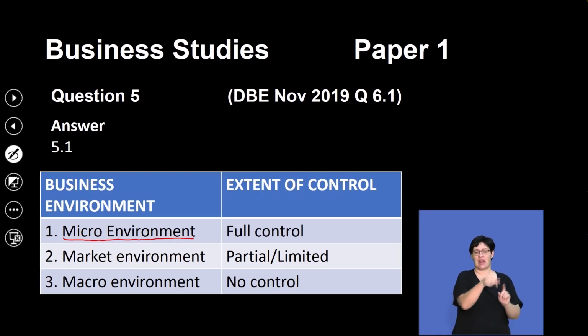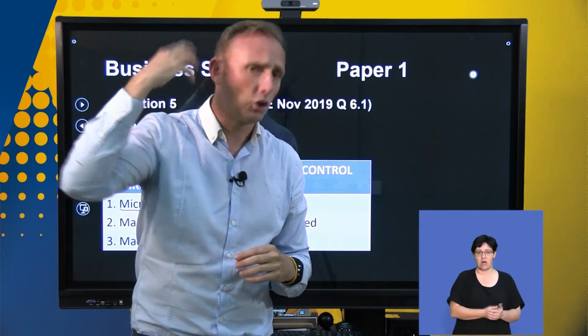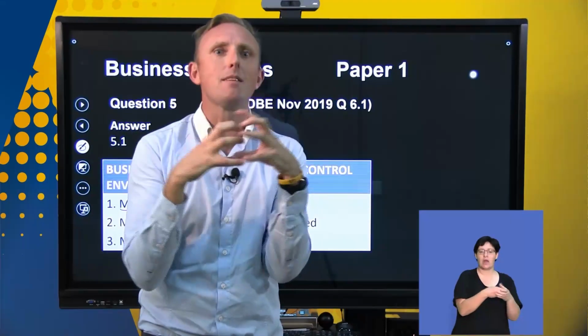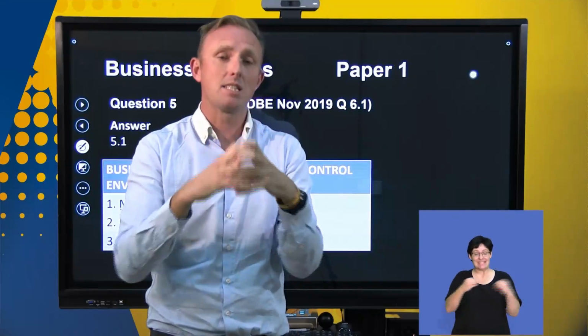So it doesn't matter if you're a farmer, because your farm would be considered as your microenvironment, the actual business itself, or if you're a car manufacturer, your microenvironment is still the business itself, despite you operating in the secondary sector. If you look at a bank, the business itself is the microenvironment, despite them operating in the tertiary sector. So make sure that you understand the difference between the two, so that you don't lose easy marks.